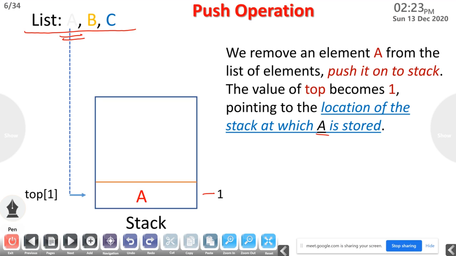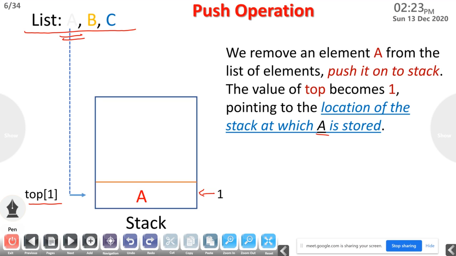So the value of top becomes 1, pointing to the location of the stack at which A, that means the first element, is stored. So first we increase the value of top. Here also the value of top becomes 1. In that location we can insert the element from the list.